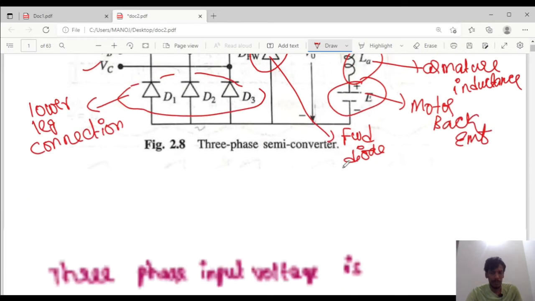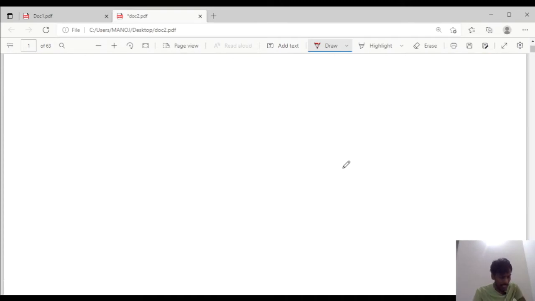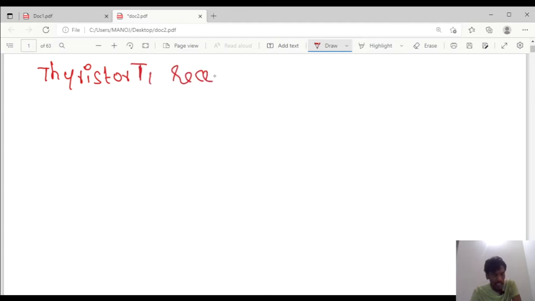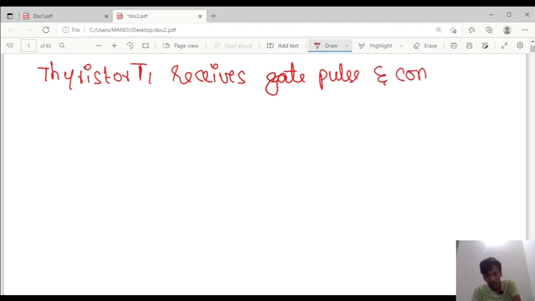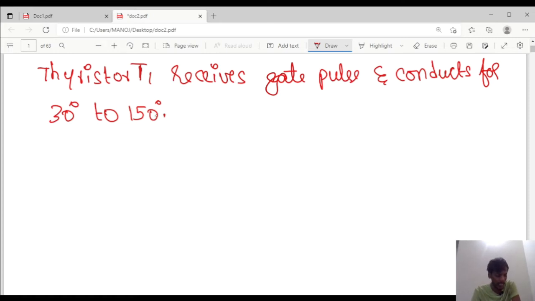So we will see the operation. First, in a cycle of source voltage, we will consider that thyristor T1 receives a gate pulse and conducts from 30 degrees to 150 degrees.